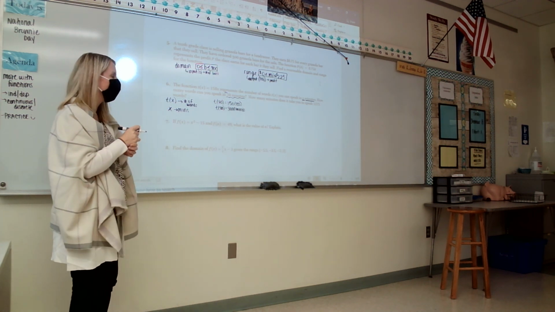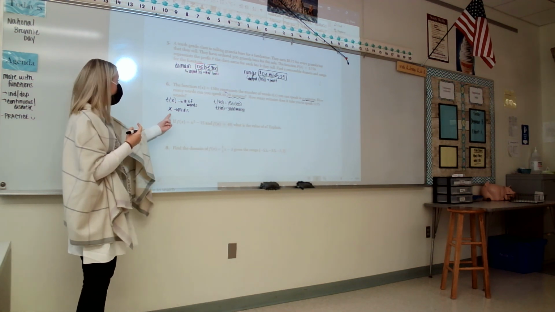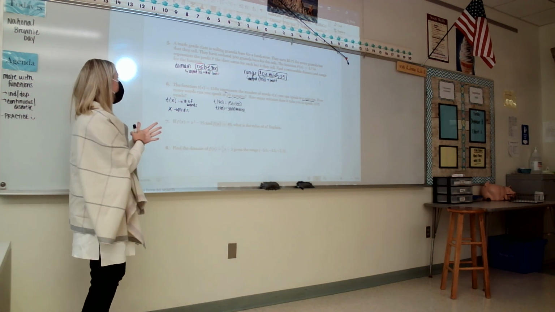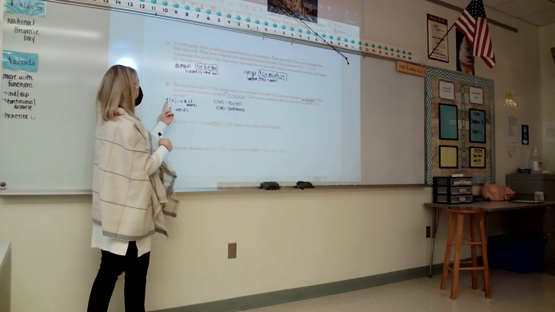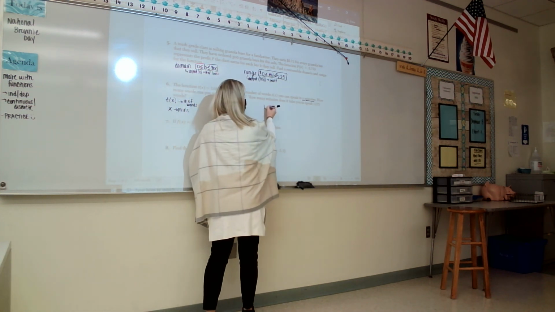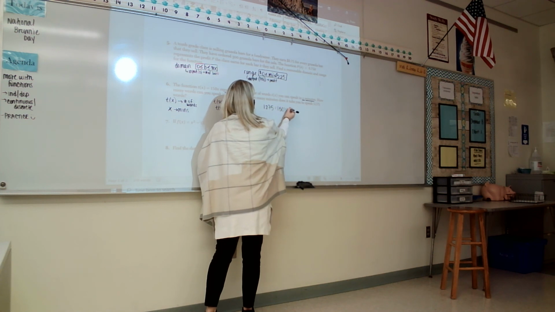And then the second part says, how many minutes, so I'm trying to find x now, does it take for you to speak 1,275 words? So that means my t of x is equal to 1,275. And that's gonna equal 150x, and I need to find what x is.